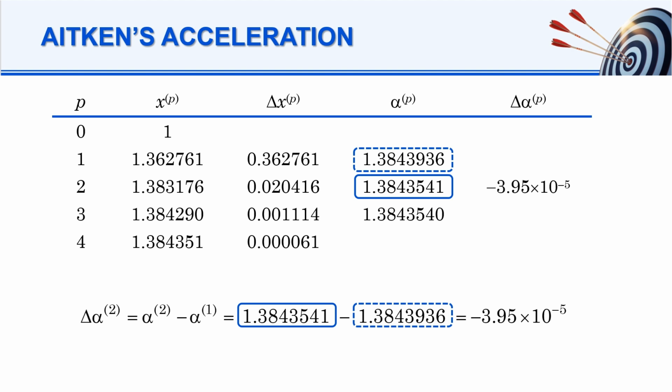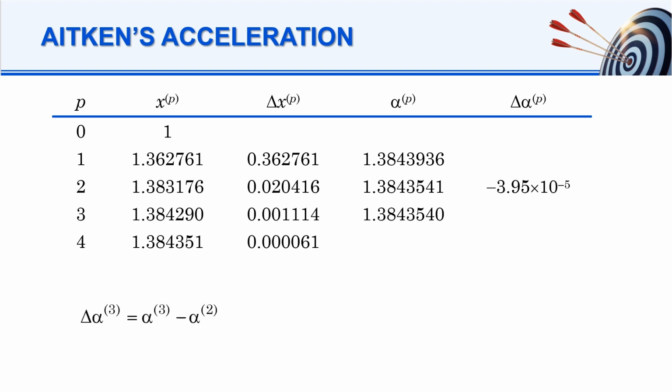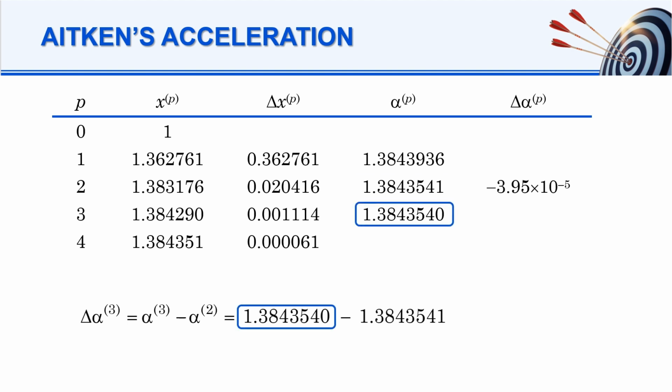However, let us also calculate delta alpha 3, since we already have alpha 3 at hand. Delta alpha 3 is in the order of 10 to the minus 7, which implies that alpha 3 yields an estimate that is accurate to at least 6 decimal places.